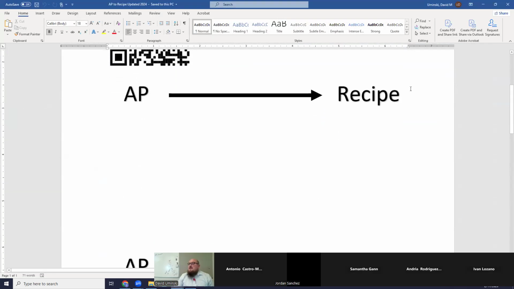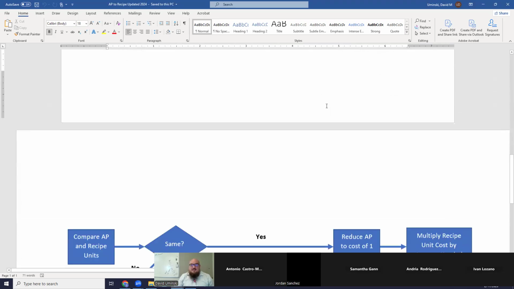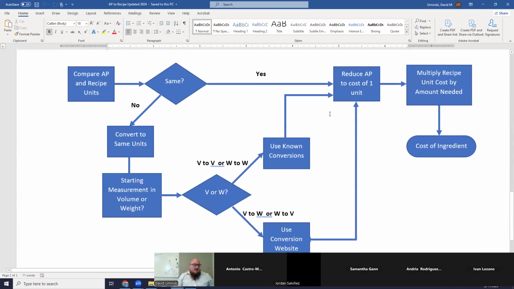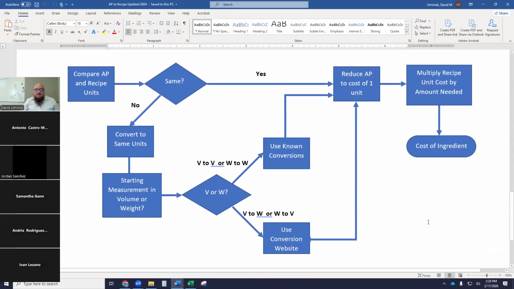I've given you that AP recipe format that we used for the breakfast plate. We're going to go over that again in just a moment. And then this is what I wanted to share primarily with you all today. This is a step-by-step flow chart of what you're going to do to cost out your ingredients.